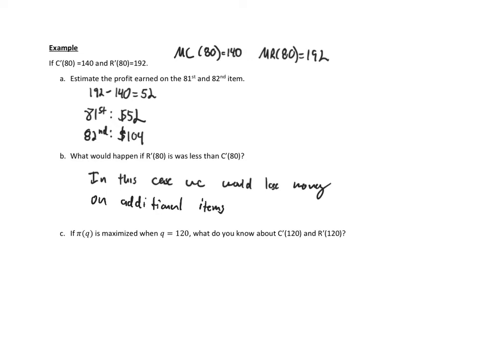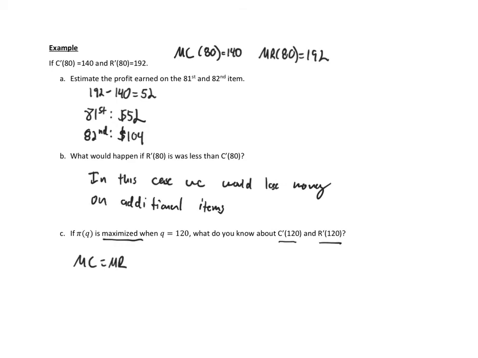Okay? If the profit, pi of Q, is maximized when Q equals 120, what do you know about these two items, C prime of 120 and R prime of 120? Well, as we previously discussed, this would be marginal cost and this would be marginal revenue. If marginal cost equals marginal revenue, then we have maximized profit.